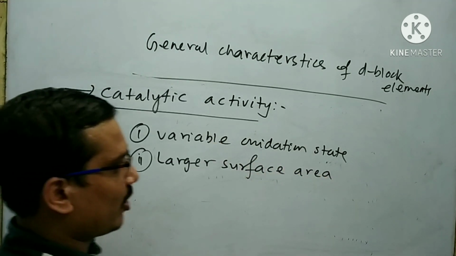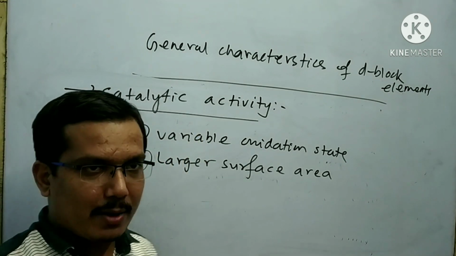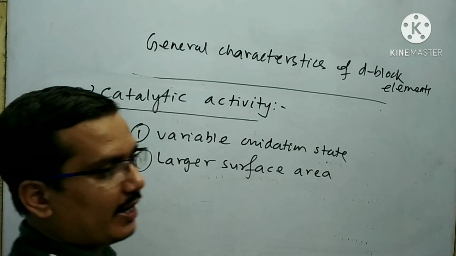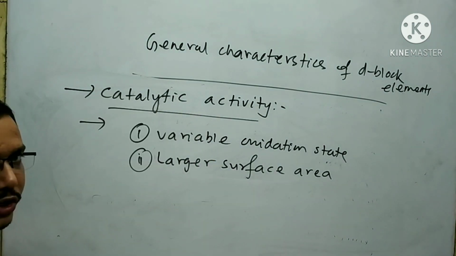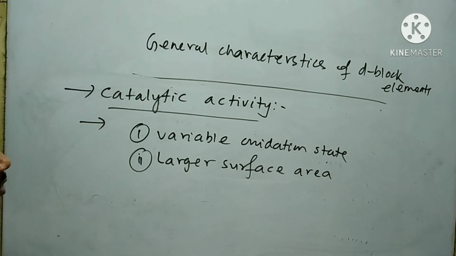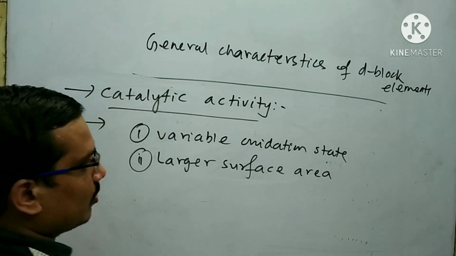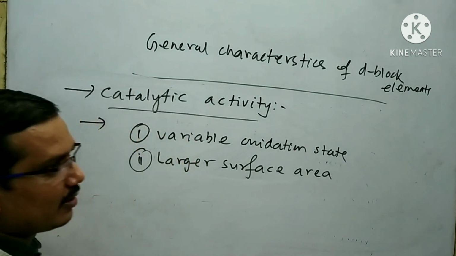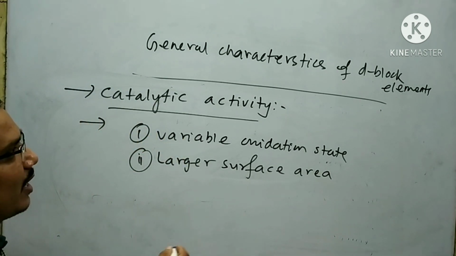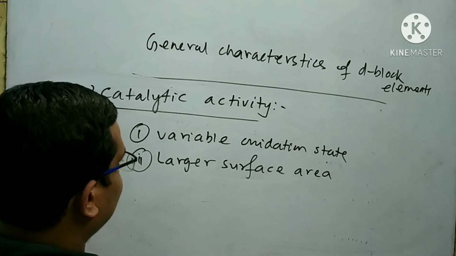Due to variable oxidation states, they are capable of forming unstable intermediate compounds. We know that the larger the surface area, the more the adsorption. The d block elements have larger surface area, so more adsorption is possible. That's why the d block elements show the catalytic activity property.